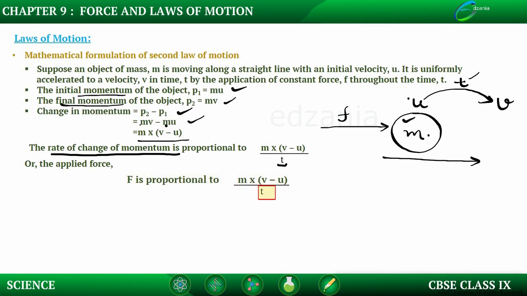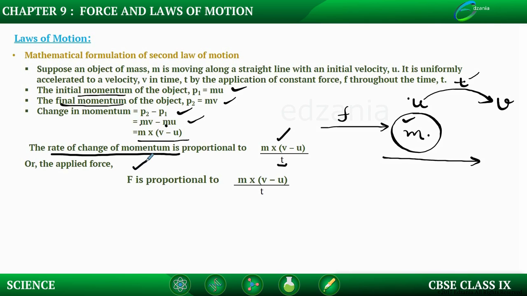Why have we replaced rate of change of momentum with applied force? Because the second law of motion states that the rate of change of momentum of an object is proportional to the applied unbalanced force. So the rate of change of momentum is this one, which is proportional to the force applied.